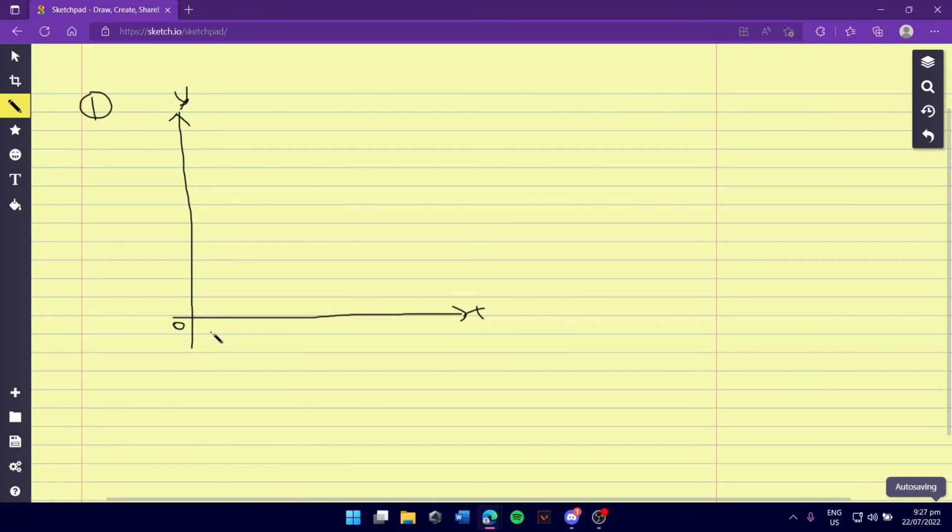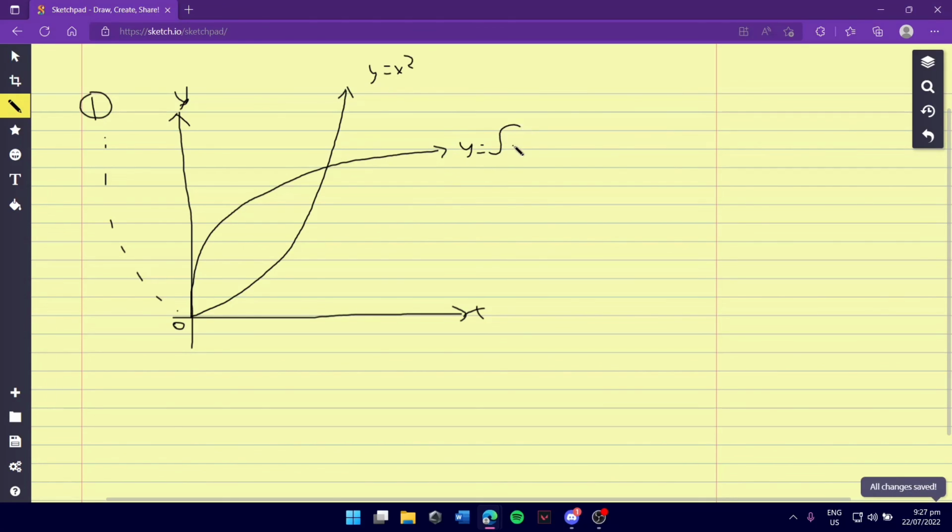Assuming we have a parabola that faces upward, and then a parabola facing to the right, like that. Call this parabola y equals x squared, and this parabola y equals square root of x, right?